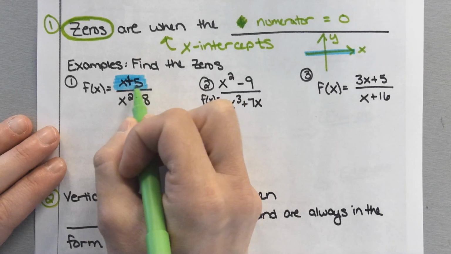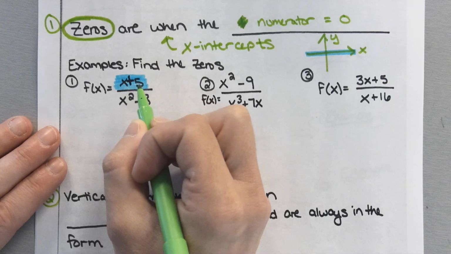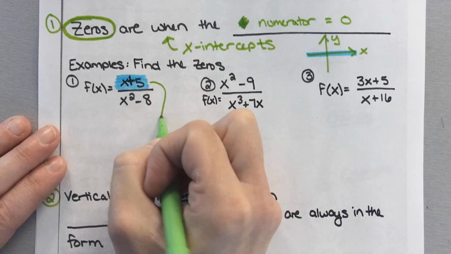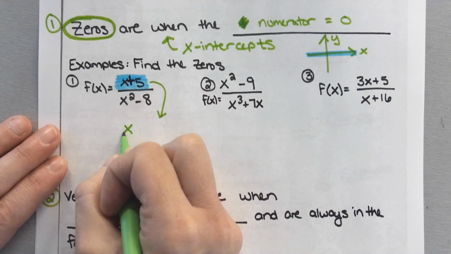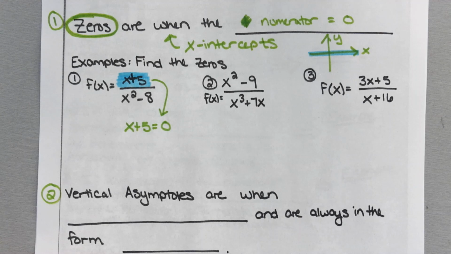Okay, so here is the numerator. It says x plus 5. It looks awful, but it's x plus 5. Okay. So I want you to look at just the numerator and think, when would the numerator be 0? So what value of x would make that 0? -5.